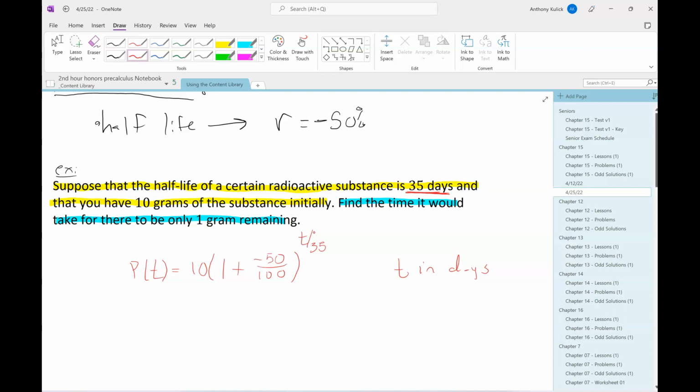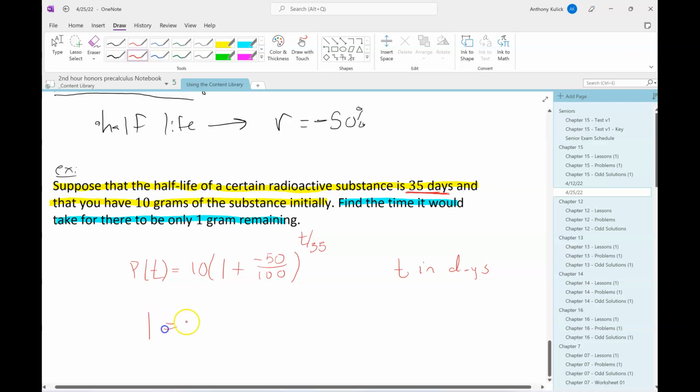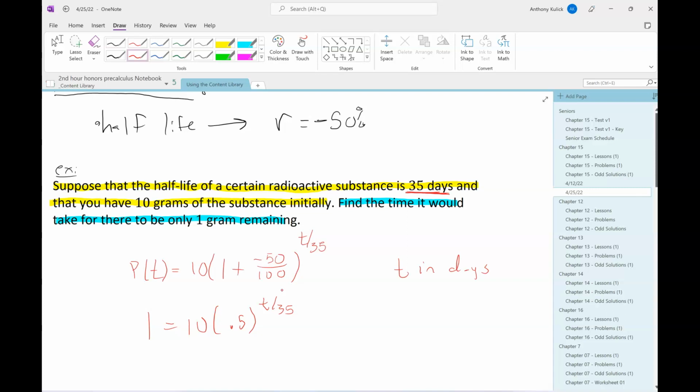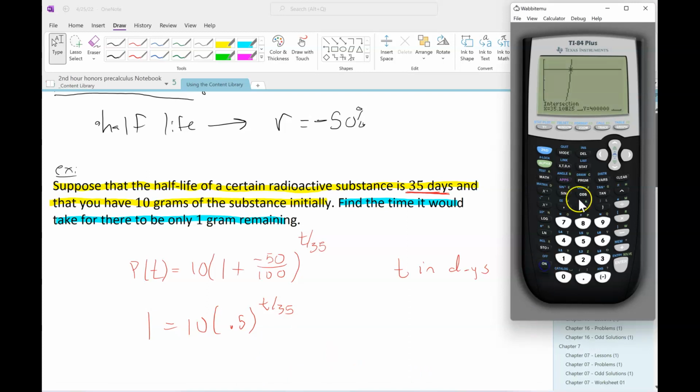I'm plugging 1 into P of t, yeah. And notice again that if I simplify 1 plus negative 50 over 100, that's a half. Half-life. Okay. So 1, and then 10 times 0.5 to the x over 35.